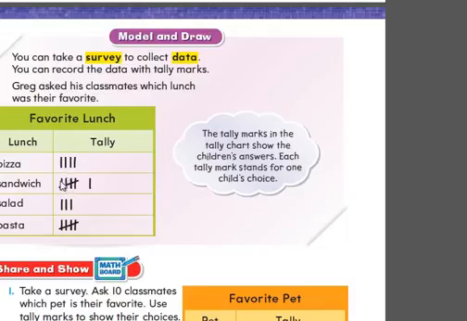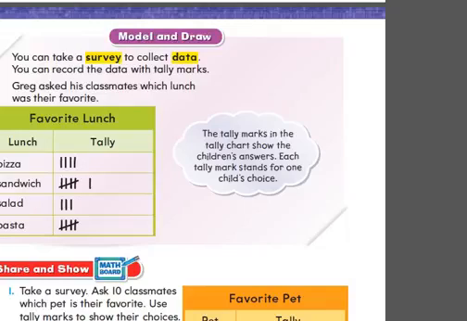And here we have a set of 5 tally marks and one more, so 6 students preferred sandwich. And here 3 students preferred salad, and this is a set of 5, right? So 5 students preferred pasta.